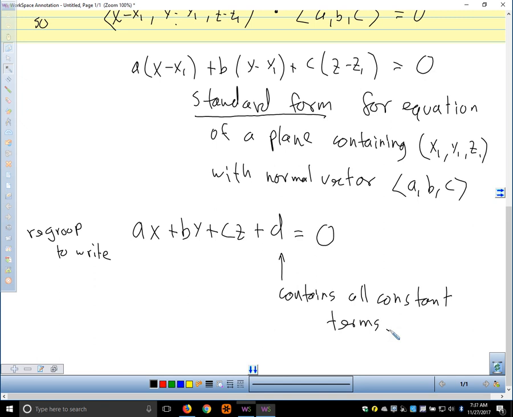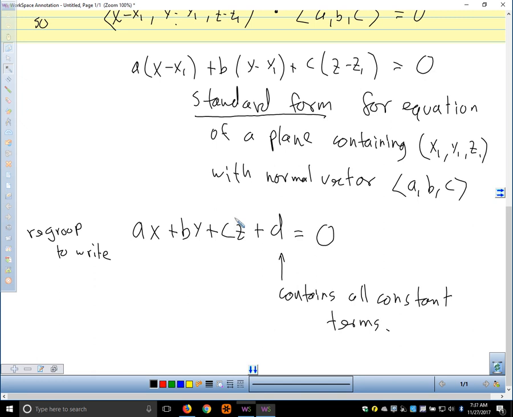And again, from the coefficients, we can pick out the normal vector to the plane. So when we're talking about our 3 by 3 system of equations, the coefficients on our variables were the components of the normal vectors to those planes that we're trying to find the intersections of.